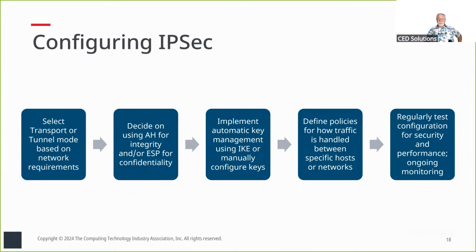You can create, and it's the same concept as a public key, private key for a digital certificate, you can create the key yourself manually, or you can have, as part of the IPsec configuration, have it where it will configure the key for each data frame, each packet, and manage it automatically if you wish.